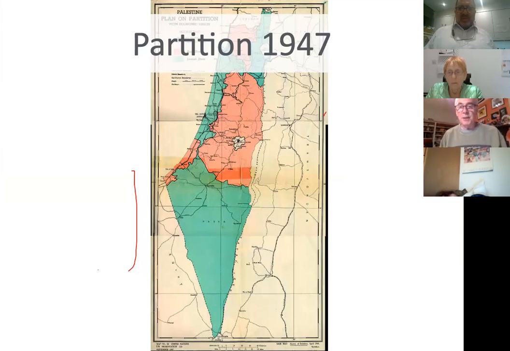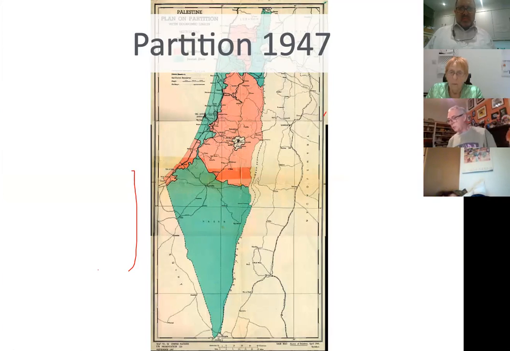So this is the partition map, the 1947 partition. Following the announcement of Britain's intention to terminate its mandate in 1947, the UN General Assembly appointed a special committee to make recommendations on the land's future government.